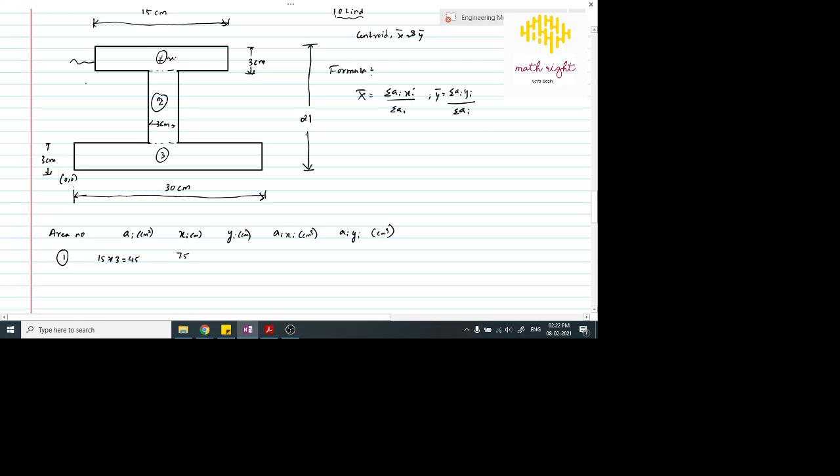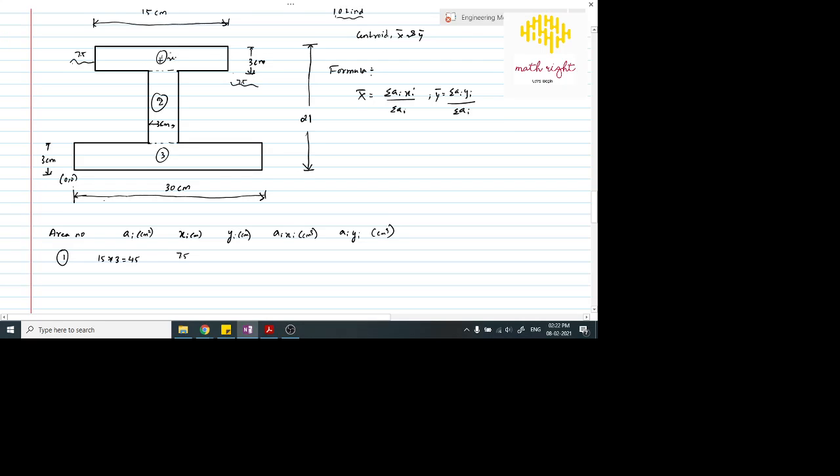But we always have to take it with respect to the origin. From the origin, this difference is 7.5, because the total length is 30, in which this portion is 15 and the remaining is 15. On this side 7.5, and on this end 7.5. If we think about it a little, it will be clear.